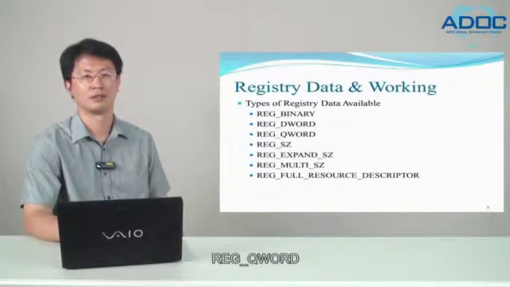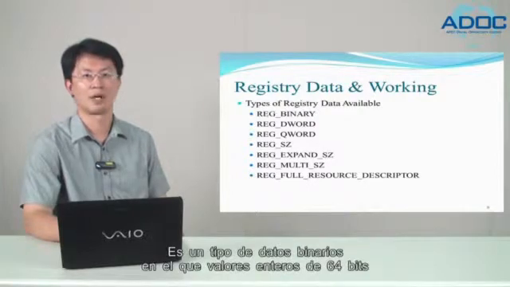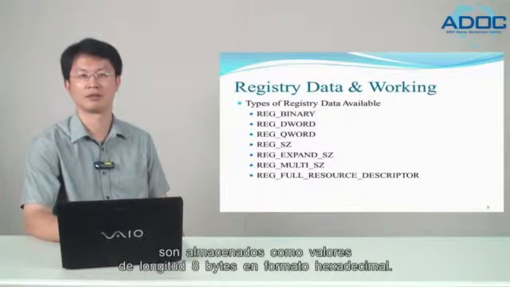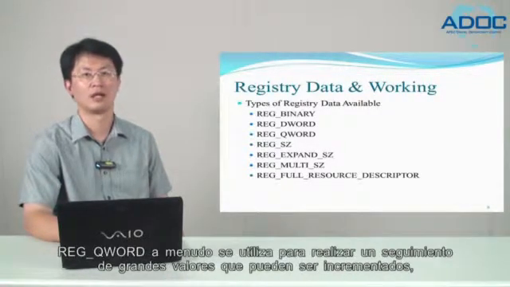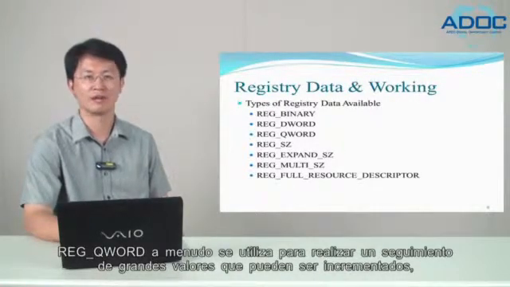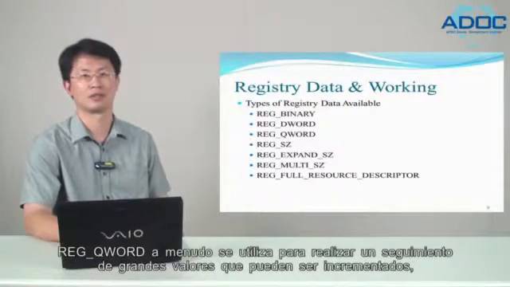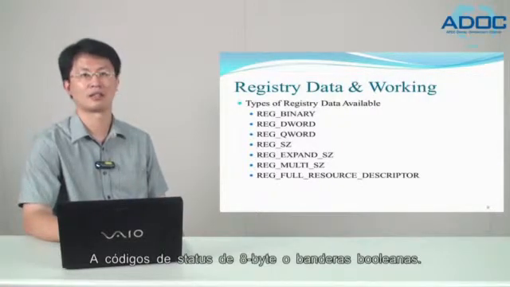And REG_QWORD, a binary data type in which 64-bit integer values are stored as 8-byte length values in hexadecimal. REG_QWORD is often used to track large values that can be incremented, and 8-byte status codes or Boolean flags.